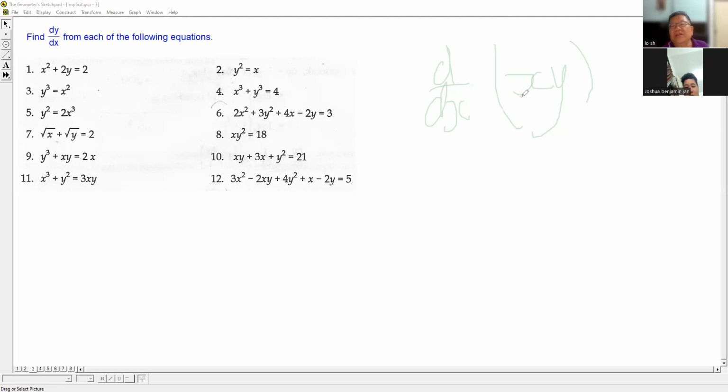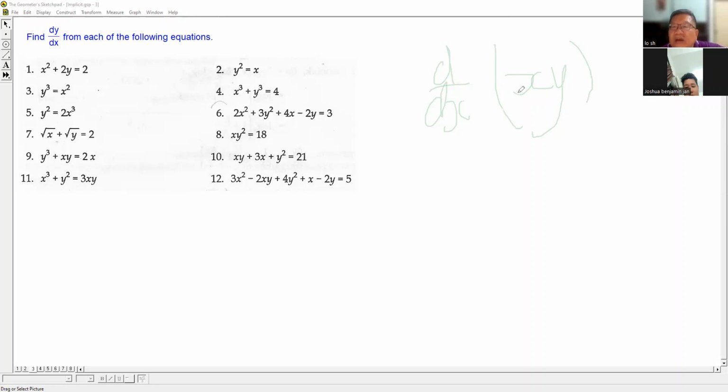So this is one function, then this is another function. It is the product of two functions. I want to differentiate this, I have to use the product rule.